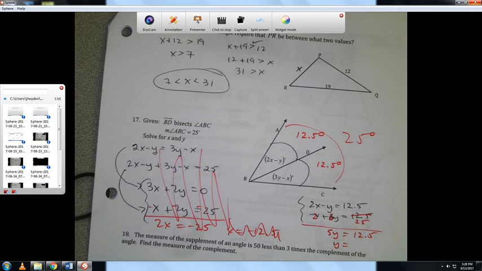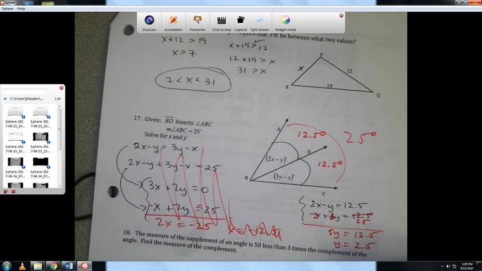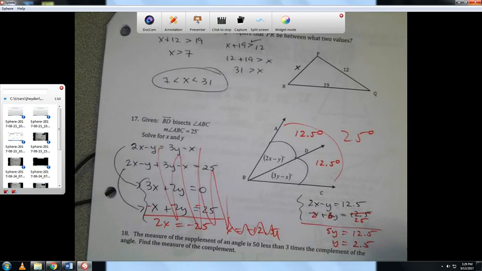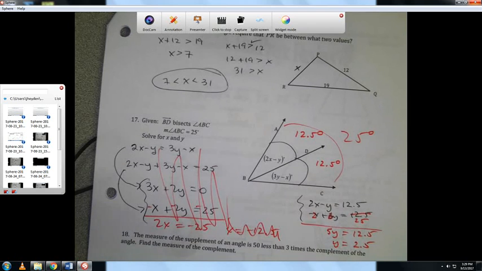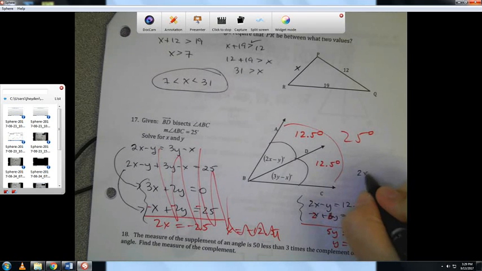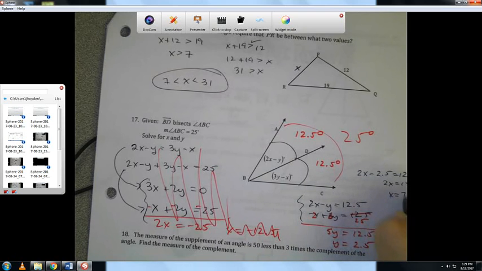I think it is. 12.5 divided by 5 is 2.5. Well, this is working out a little better. So y is 2.5. Guess we'll plug it in somewhere. 2x minus 2.5 equals 12.5. 2x equals 15. There you go. Okay, so that was better. Let's pretend that never happened.